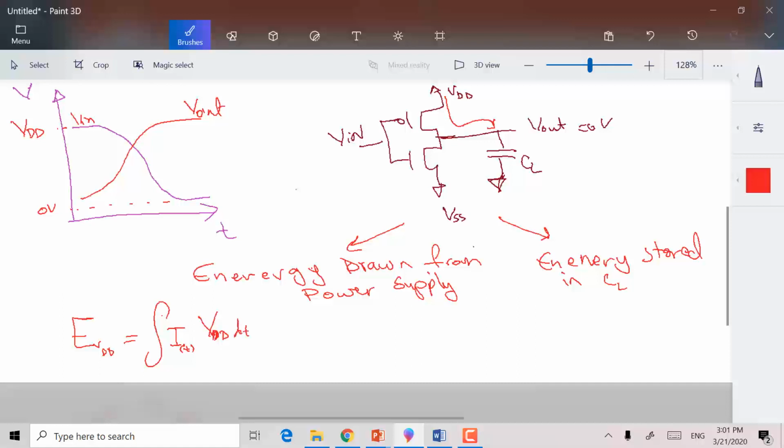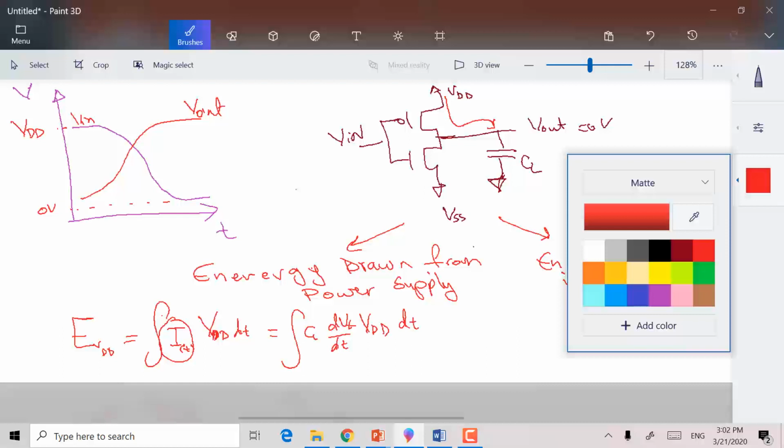And the current here, from the capacitance equation, I can replace it with CL dV(t) over dt, VDD dt.